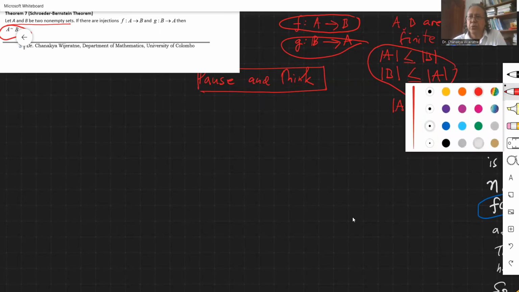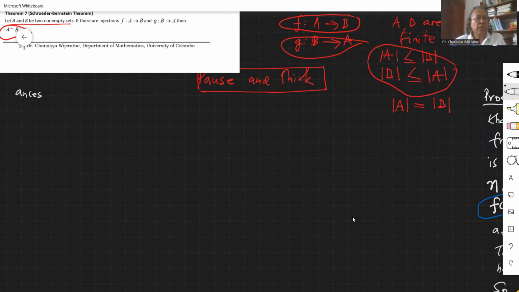But now I'm going to use the concept of ancestors of elements in A and B, right? I think this is due to maybe Birkhoff. So you need to find out who came up with this idea, right?